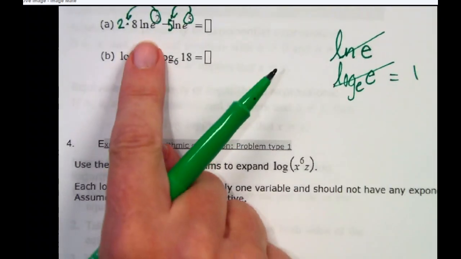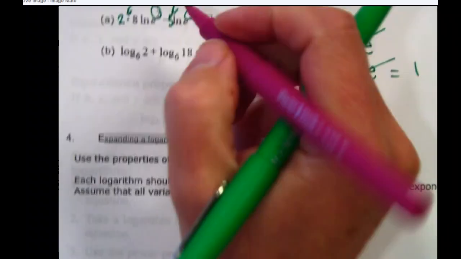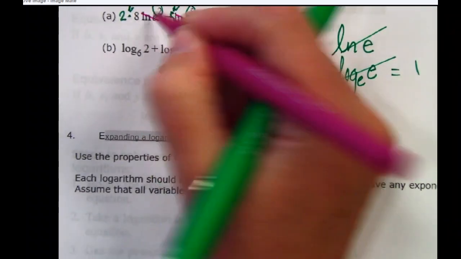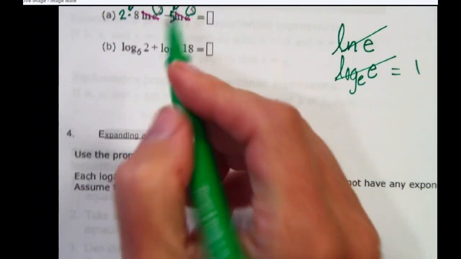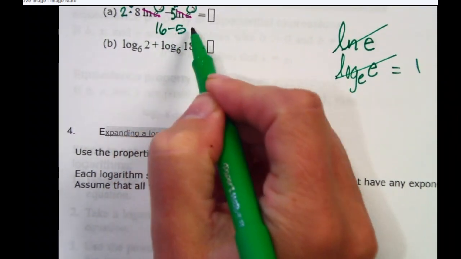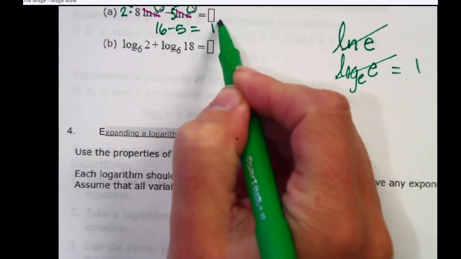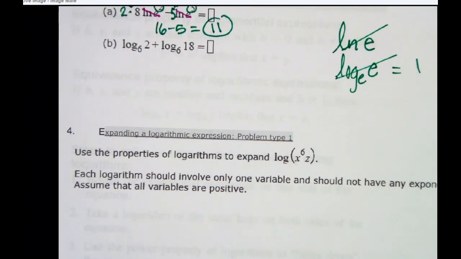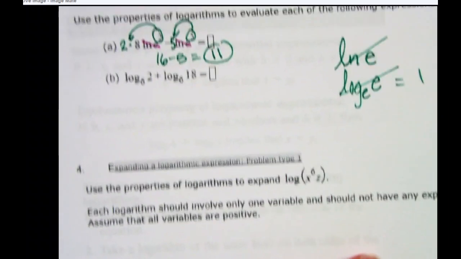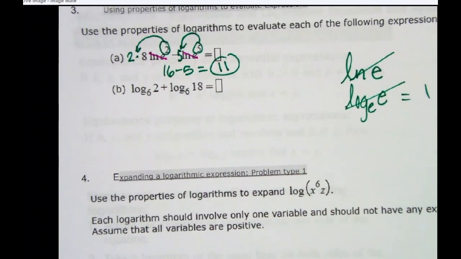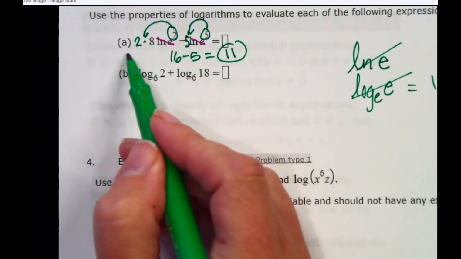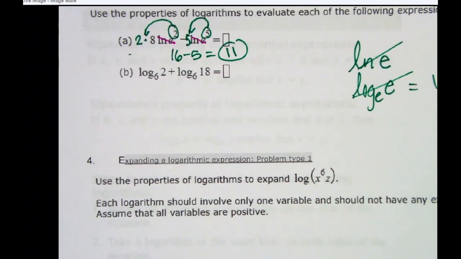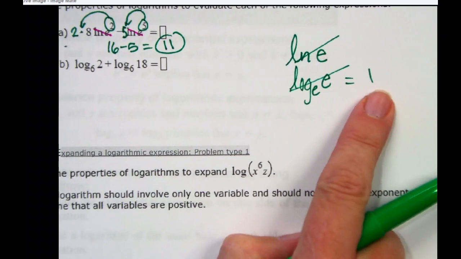So then if I've got this ln of e and this ln of e, now I've got 16 minus 5, which is 11. Sorry, that's almost off the screen. So the ln of e's cancel. See how we had to move that exponent first? If you see ln of e, they are inverse operations essentially of each other and they equal 1, so they cancel each other out.